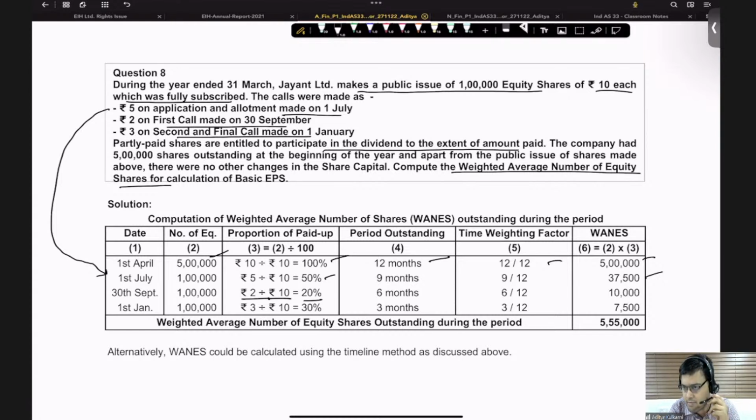Is this clear? Yeah, partly paid shares, all clear. Any doubts, any questions? Okay, so Manini has confirmed, Shailendra has confirmed.